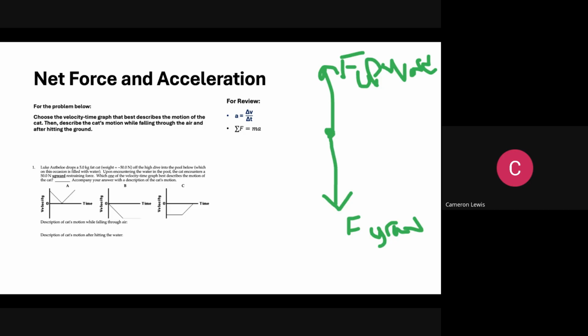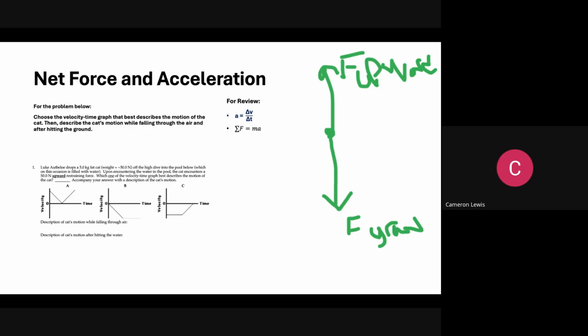So now let's think about it, right? The cat's dropped out the air. So when it dropped out the air, is it accelerating? It's accelerating down. Yes. Because of what? Gravity, which is the force due to gravity is your weight, but gravity itself is an acceleration. There we go.